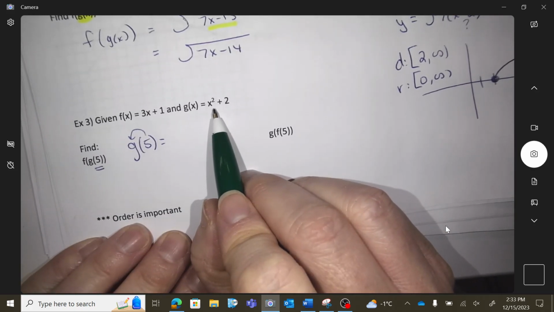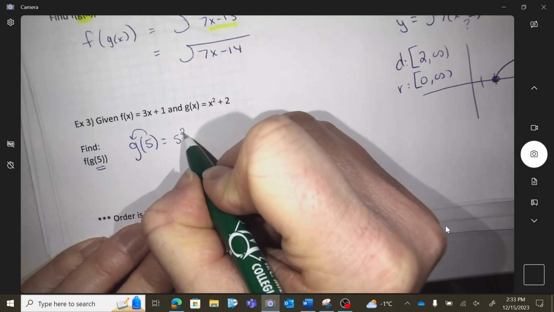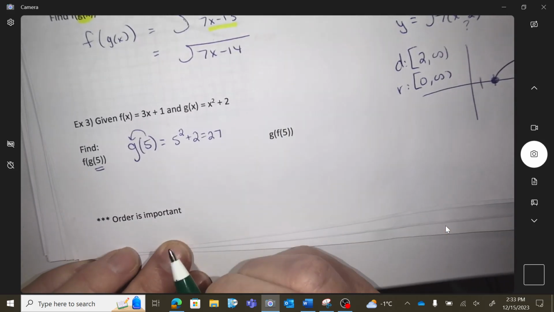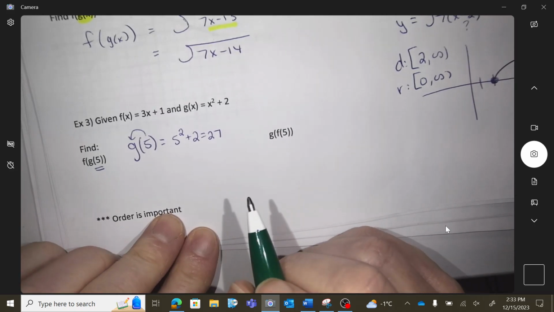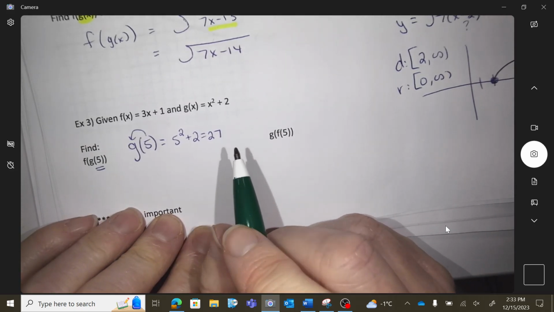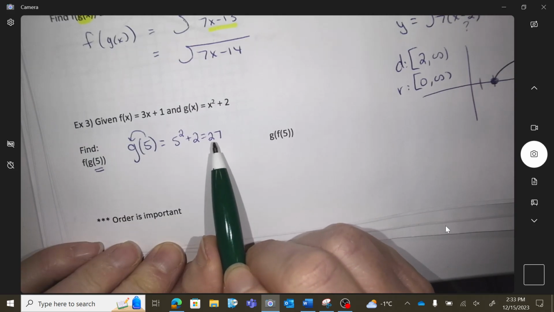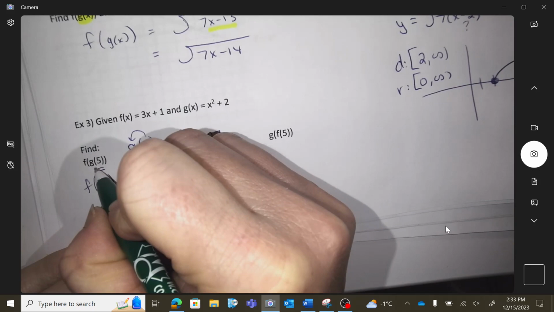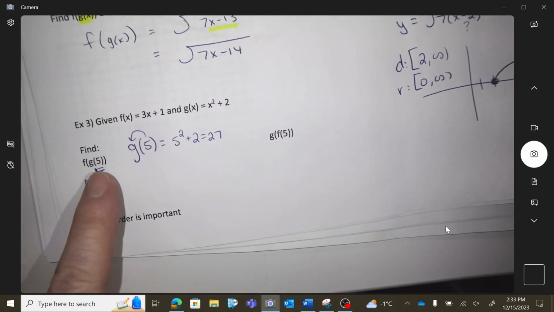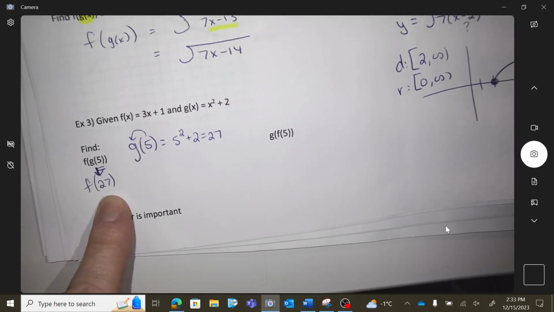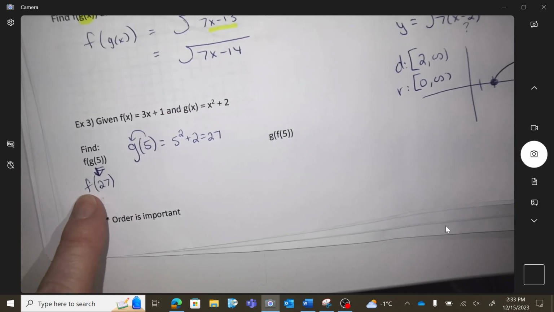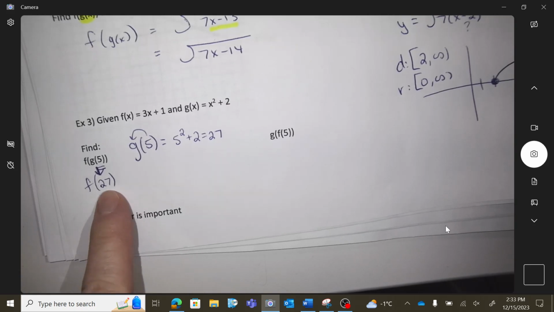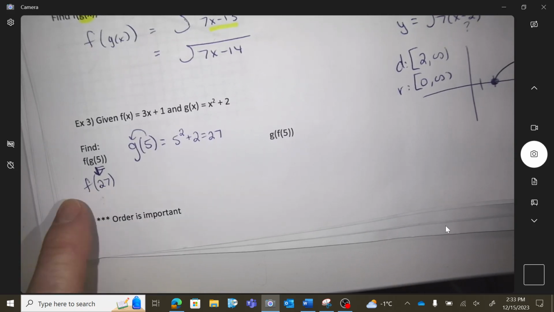So that would go 5 squared plus 2, which is 27. Now, if that is 27, my question will read, find the f of 27. So put the 27 into the f.